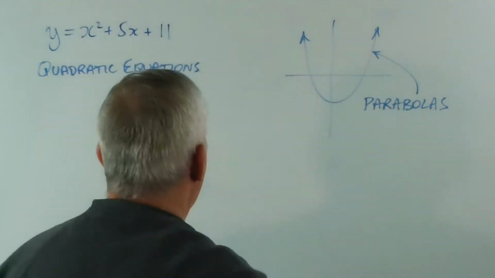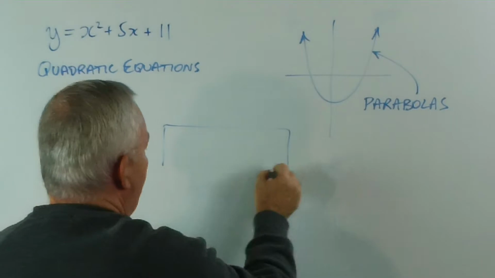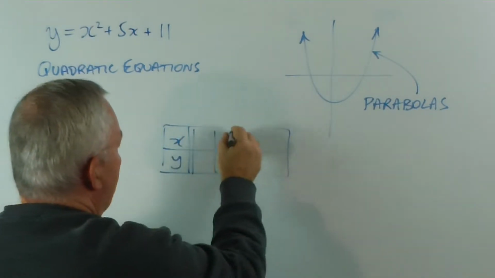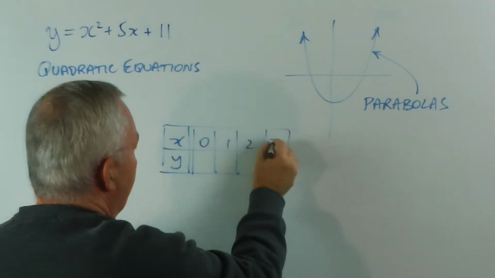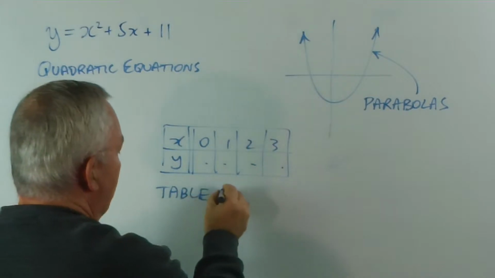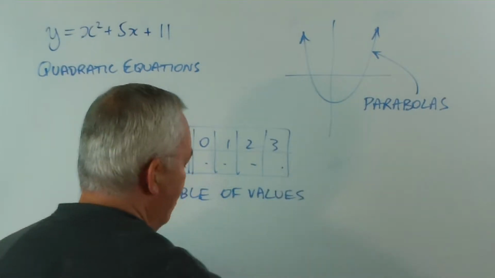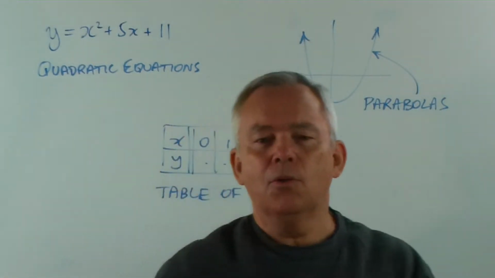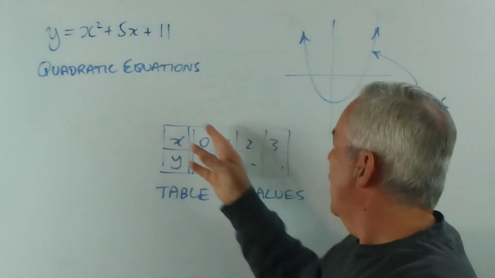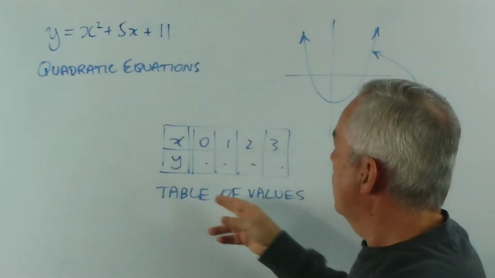We know they keep going forever. And the other thing that we use often in our graphing procedure is something like this, with some values in, which is called a table of values. Over the course of these videos, I'm going to show you how to make a connection between and understand what's going on between these three things.